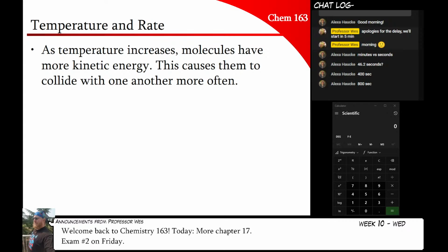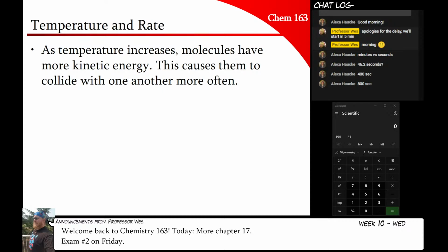So, we have talked about how temperature is a mechanism by which we can manipulate how quickly a reaction goes or how slow it goes. If we want to slow something down, we throw a reaction in the refrigerator, for example. If we want to speed it up, we can heat it up. When you increase the temperature, molecules have more kinetic energy.